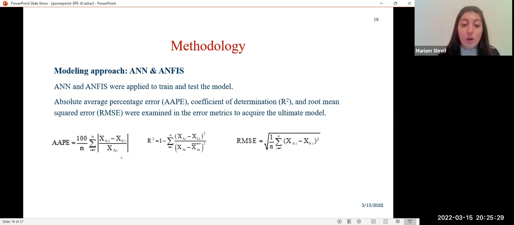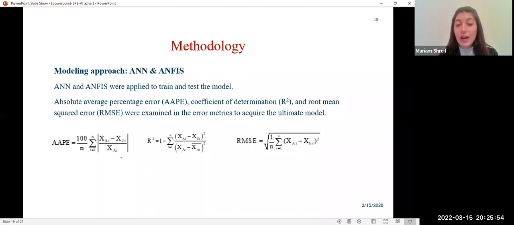Second, we have the coefficient of determination, which is 1 minus the summation of the actual value minus the estimated value squared over the actual value minus the average actual value squared. For the coefficient of determination, any value close to 1 shows higher accuracy for the model for prediction.